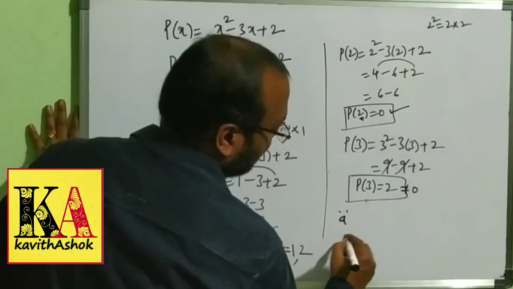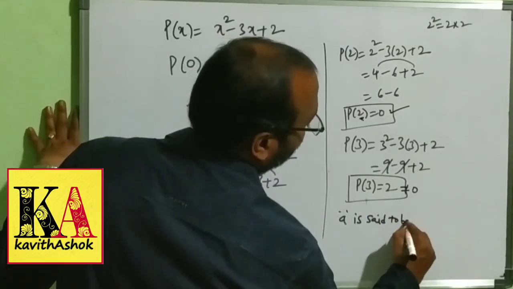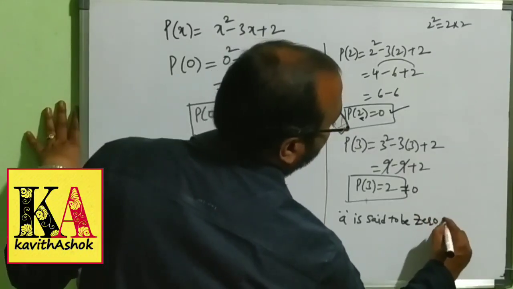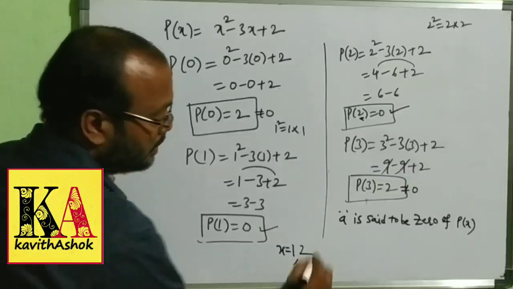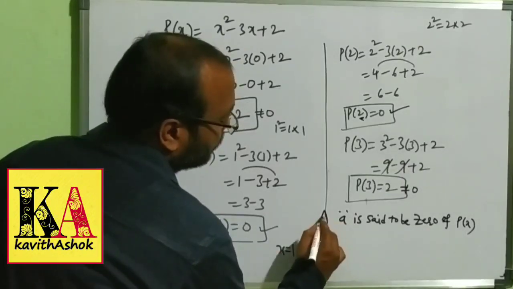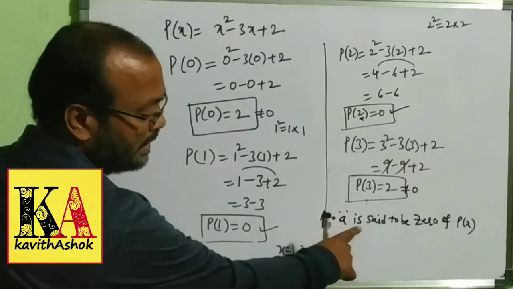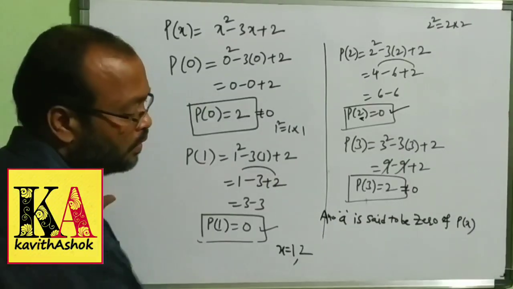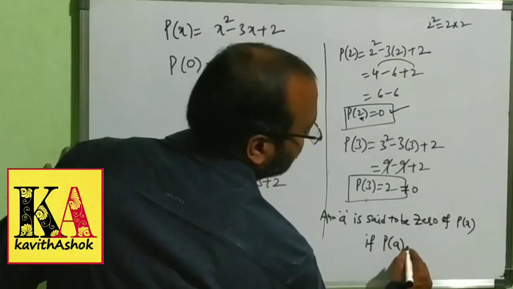A real number a is said to be a zero of the polynomial p of x if p of a is equal to 0.